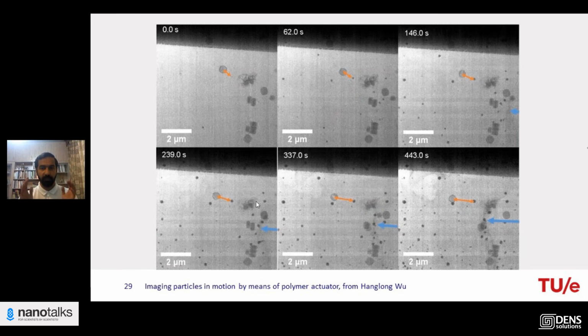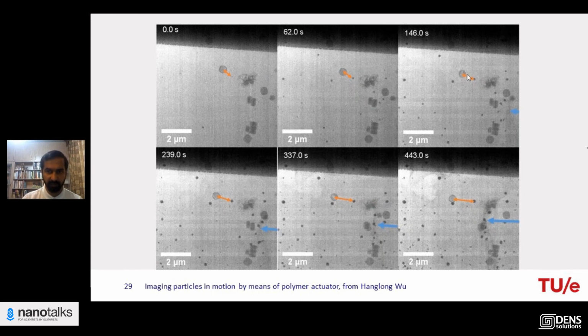So a very important experiment we have recently done or observed by Hanglong Wu was actually when he was doing the zero light leaching in a silicon nitride cell.